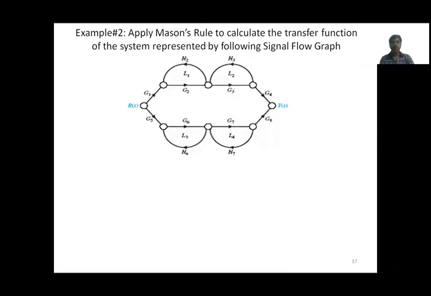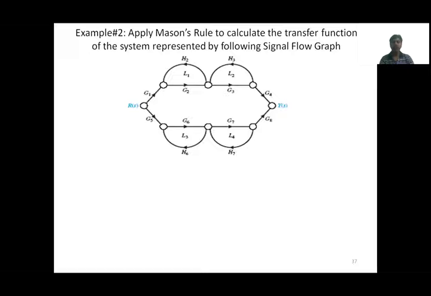In the Mason's gain formula, we learned that we have to first find the number of forward paths and what are the forward path gains. Then we have to find all possible loops existing in the system, and the loop gains.